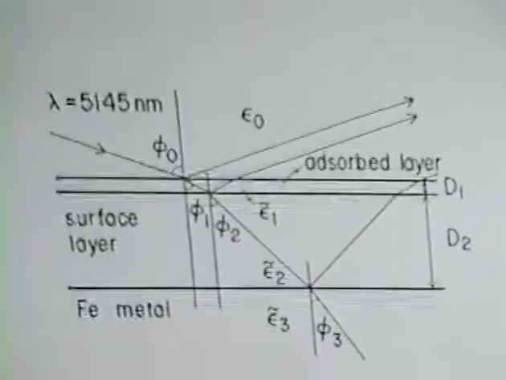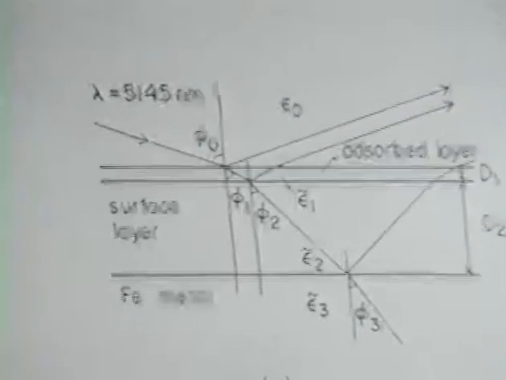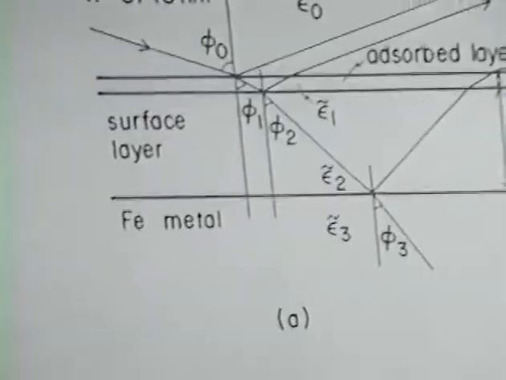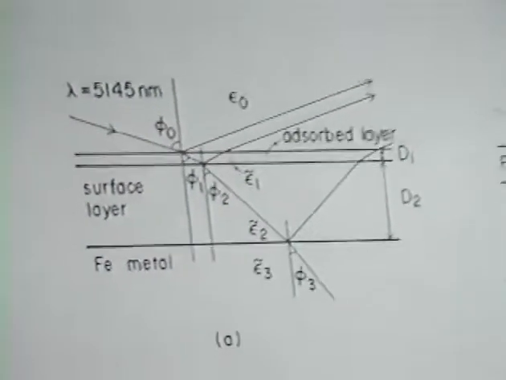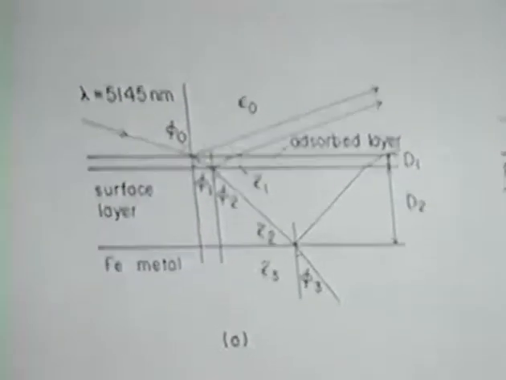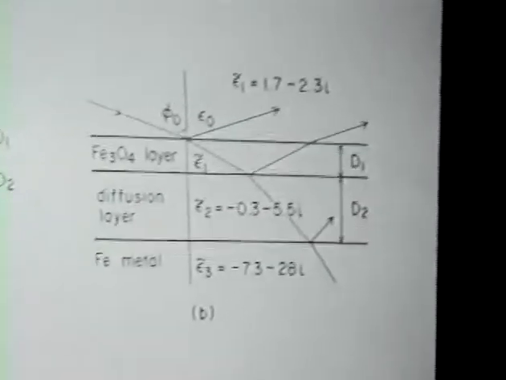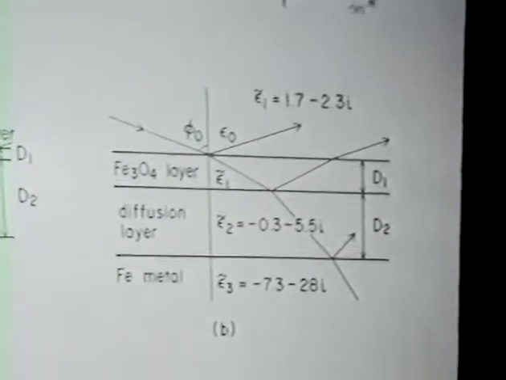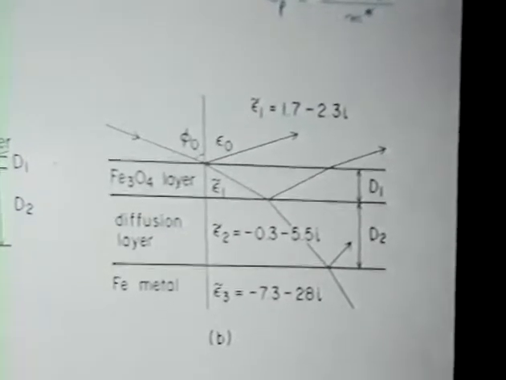This is reasonable for thick surface layers. However, in the case of absorption, the layer thickness is so thin that such a classical model becomes unreasonable. So our conclusion from such a model calculation might be somewhat qualitative, not so quantitative. Next slide, please.